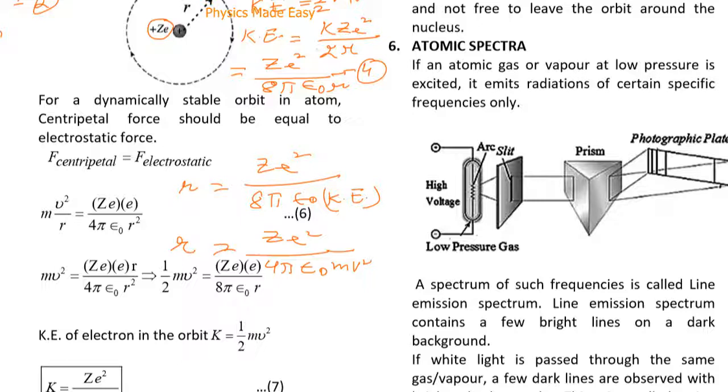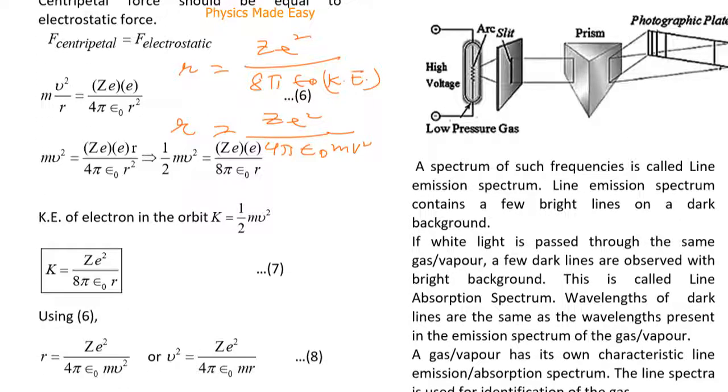So this is the formula for radius of the orbit. From here, what do I conclude? Radii is inversely proportional to kinetic energy. The more the kinetic energy of the particle, lesser will be the radii. And the next is, we can even find out v square from here as well.